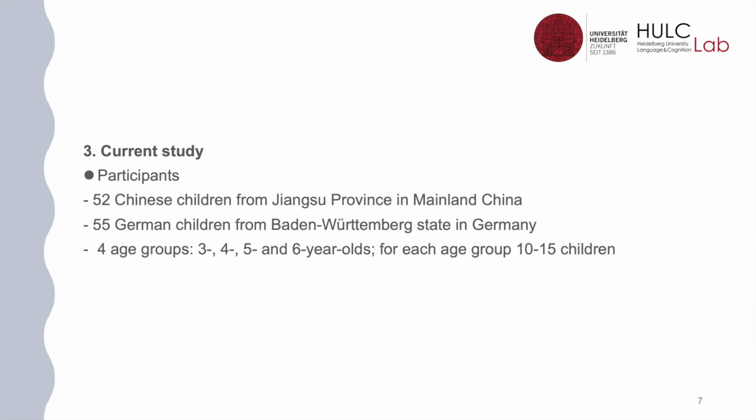A total of 52 Chinese children from Jiangsu province in mainland China and 55 German children from Baden-Württemberg state in Germany participated in the study. They formed 4 age groups. For each age group, there were 10 to 15 children.